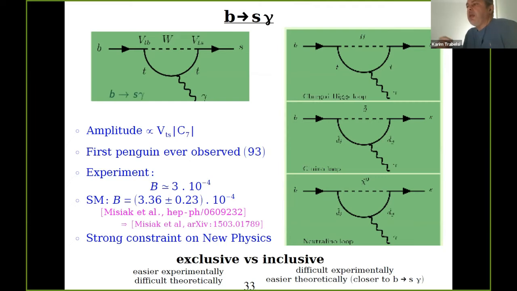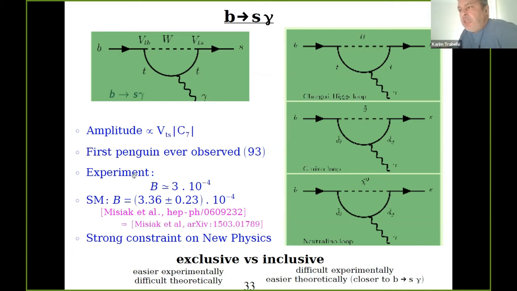But as I mentioned, the observable at this precision is not as clean, in the sense that the theoretical prediction is not as good as you would like it to be. And so you have to look for other observables. We have seen the asymmetry. There is more you can do with the branching ratio.